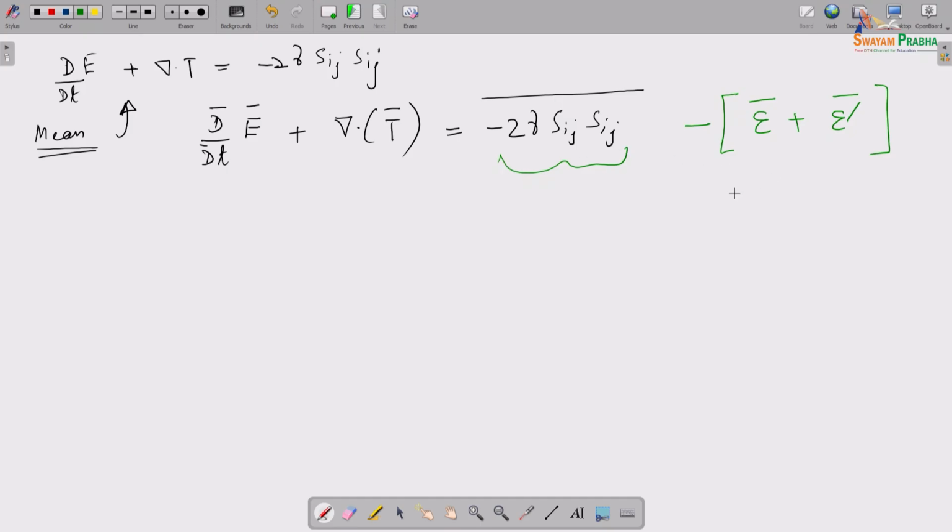What I mean by that is, let me first write this down. We just took the mean value, right? Now again, I'm working on the right hand side of this equation, and this epsilon is nothing but this, right?